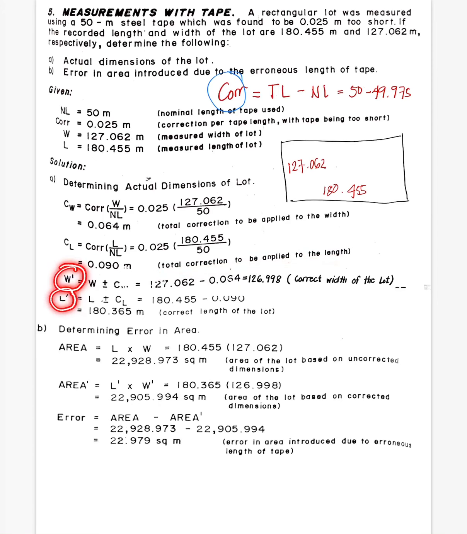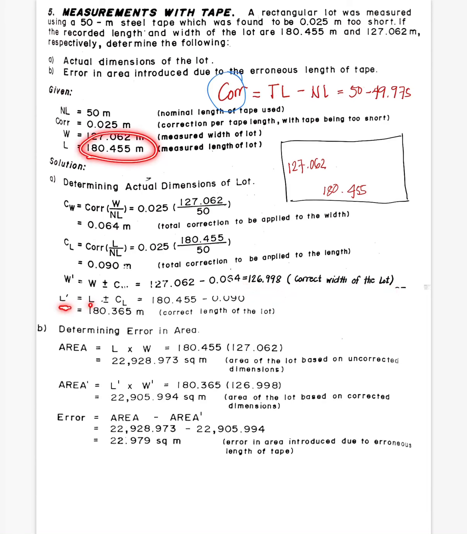So now we have the corrected length and the corrected width. So for the corrected width, you have the width given plus or minus, it depends, that is measured or laying out. So in our case, that is measured and the tape is too short, so you subtract. So you have the width of 127.062 minus the correction for the width. So that is equal to 126.998. So that is the correct width of the lot.